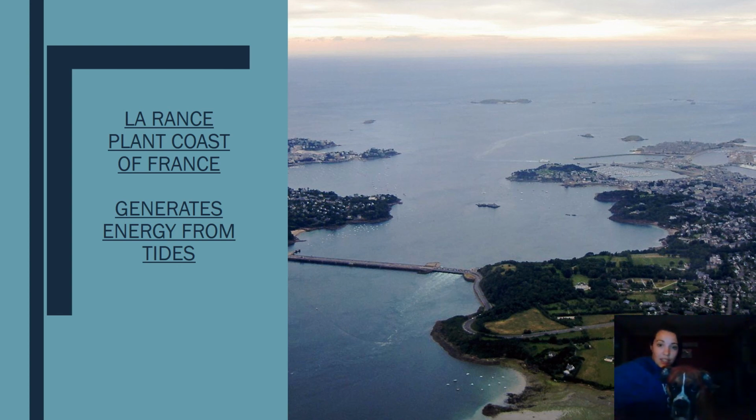So this bridge you see here is equipped with generators that take the energy as the tides come in, and as the tides go back out, and that happens, like we said, twice a day. 2 high tides, 2 low tides. So they take advantage of both.